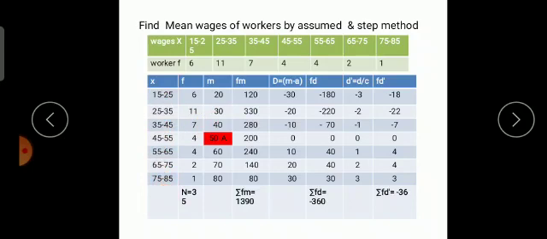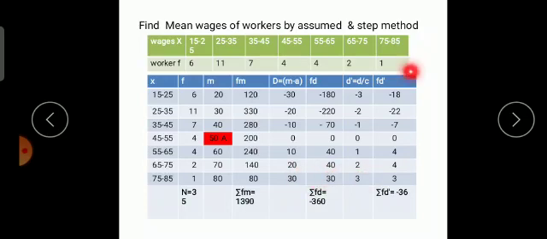Then the d dash column is d divided by c. That is, minus 30 divided by 10 is minus 3, minus 20 divided by 10 you get minus 2, minus 10 divided by 10 you get minus 1, 0 by 10 is 0, 10 divided by 10 is 1, 20 by 10 is 2 and 30 divided by 10 is 3.